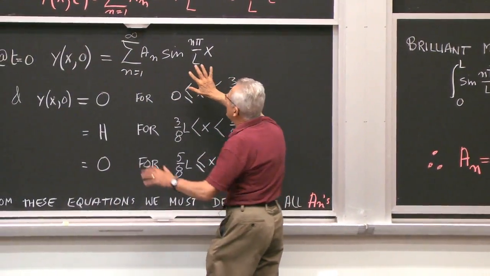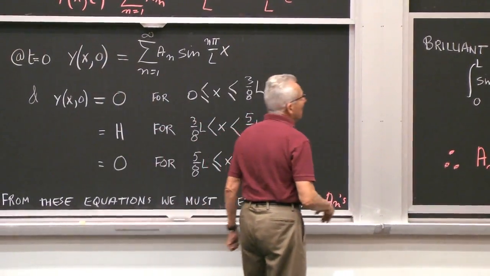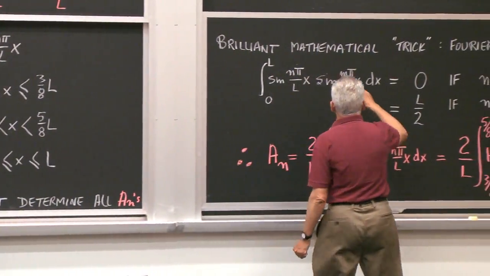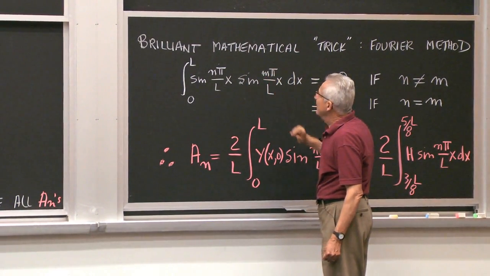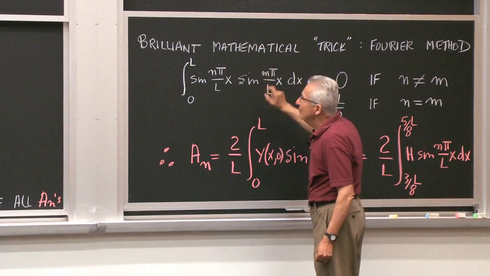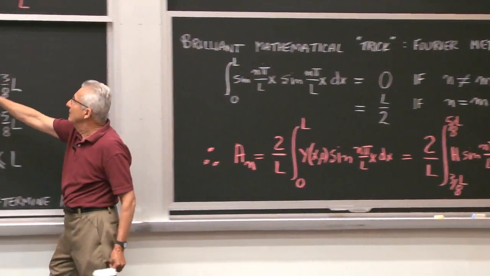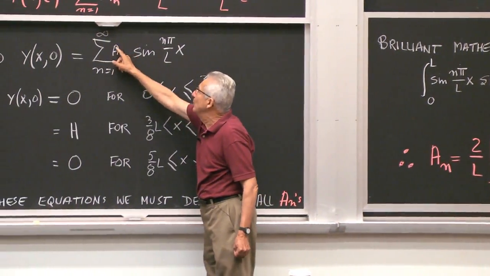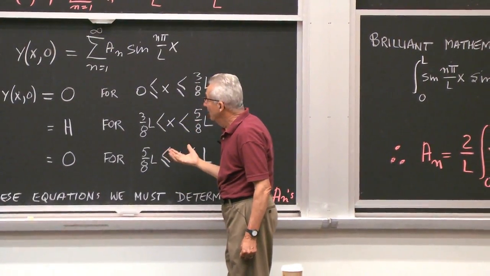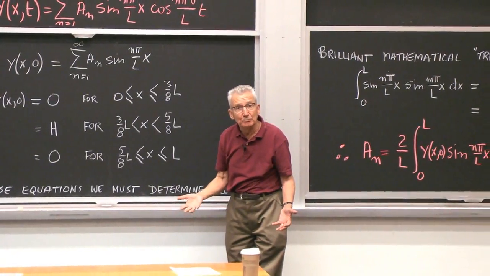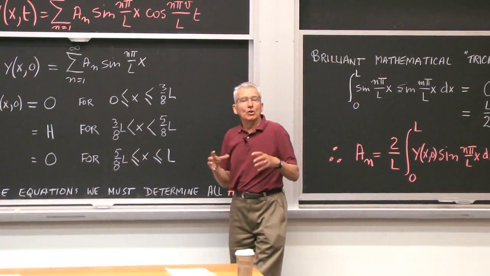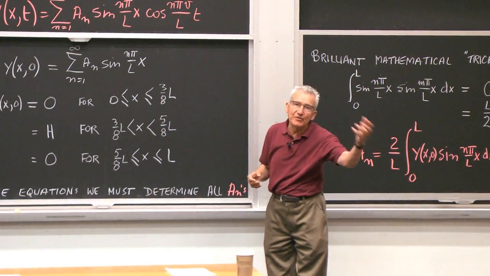I multiply both sides in turn by sine m pi over L for every n where I want to find the value of an, for each one. So I have to do an infinite number of integrals in principle. But often you don't need to know every value of n.